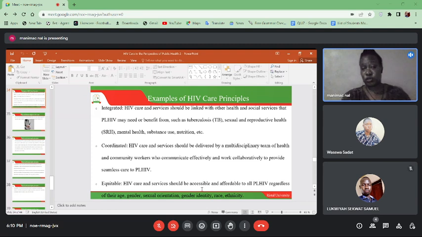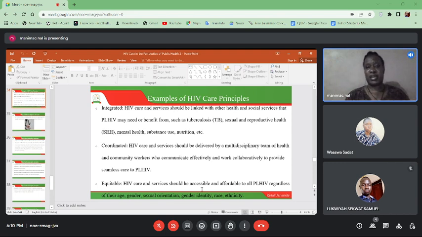Then we need to look at another principle, which is coordination. With coordination, we need to coordinate with multidisciplinary teams of health workers, like community workers and public health specialists, who will help us to communicate actively with people living with HIV.